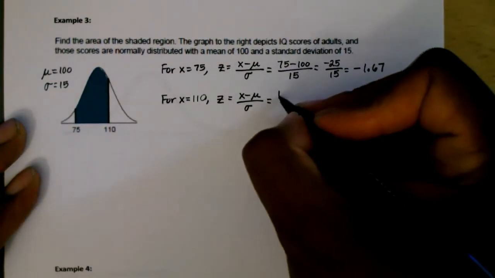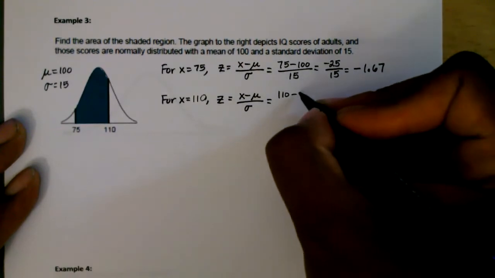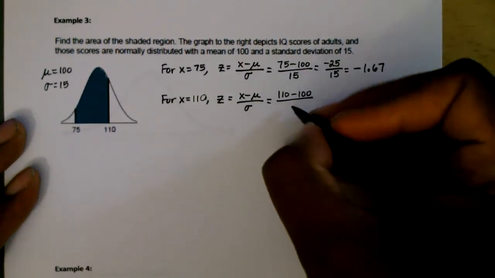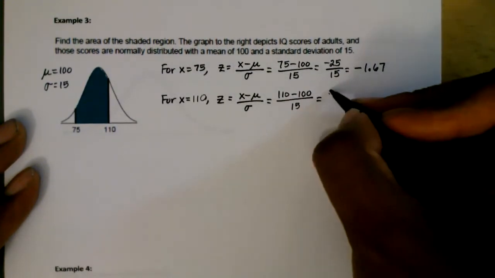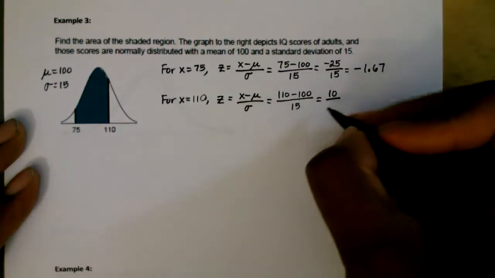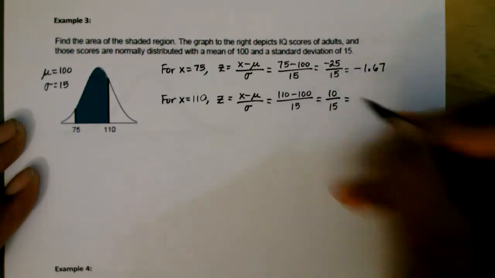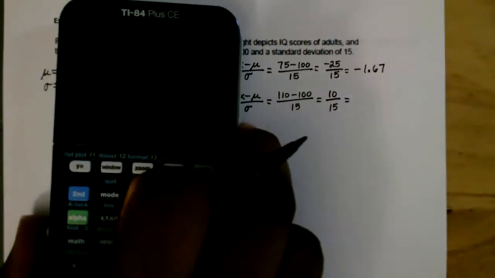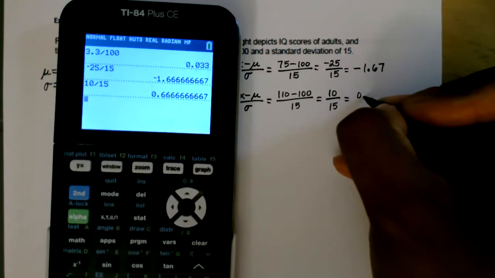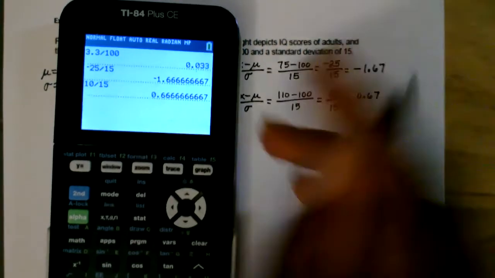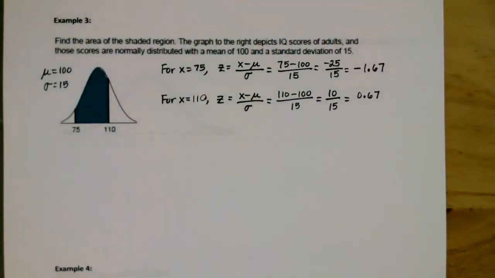So here the x is going to be 110 minus the mean of 100 divided by the standard deviation of 15. So 100 from 110 will be 10. 10 divided by 15, that's going to be 0.67, rounded to 2 decimal places. Okay, so those are my z-values here.